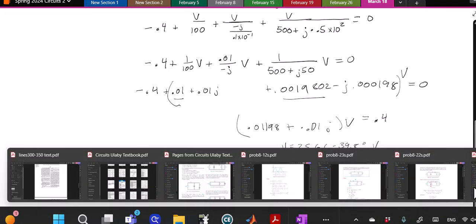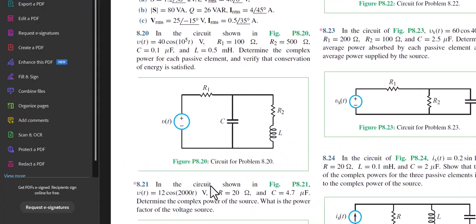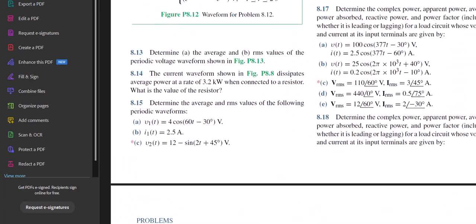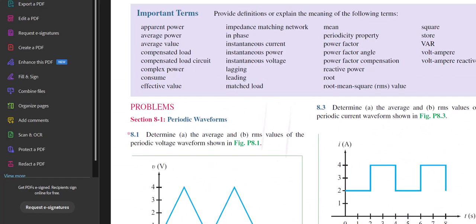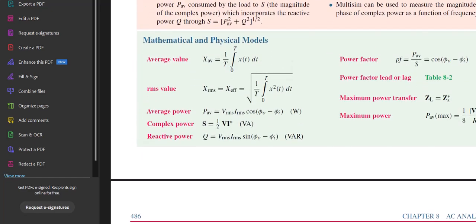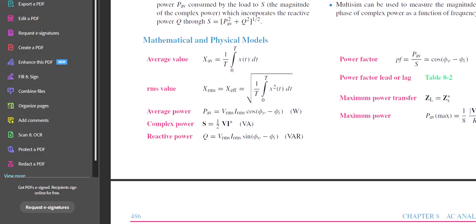So the complex power is 1/2 V I conjugate.